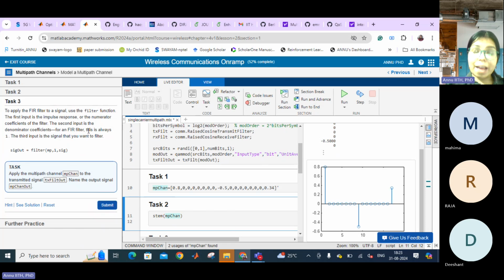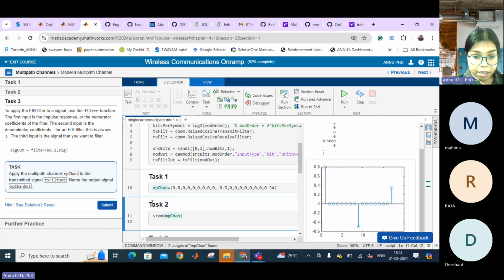When we have an infinite number of coefficients and have to loop, then we use IIR. But FIR filters we basically use because they are the most stable filters. When we have loops, like feedback, and we have to model using the z-transform, that type of filter is IIR. So in communication systems, we always use FIR filters.